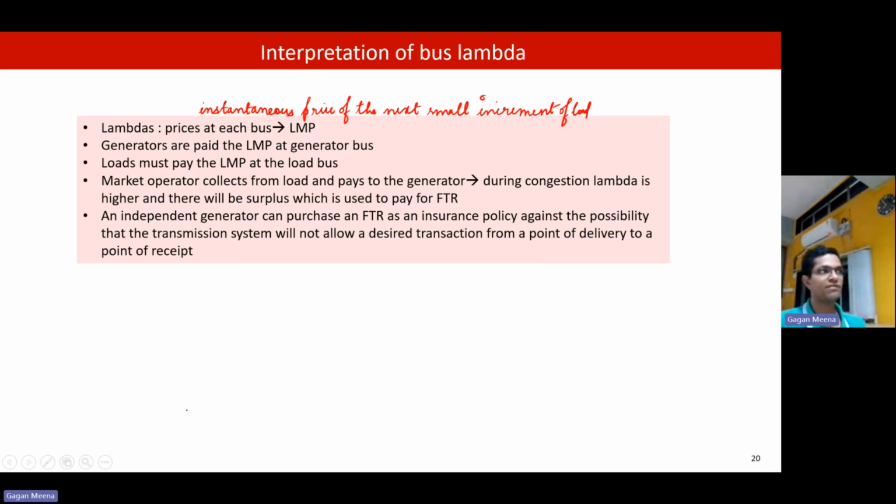In DC power flow without congestion, all the LMPs are equal, and the payment received from load and the payment made to generator is the same. The net will be zero, and the market operator collects from load and pays to the generator. And during congestion, the lambda is higher, and there will be surplus.